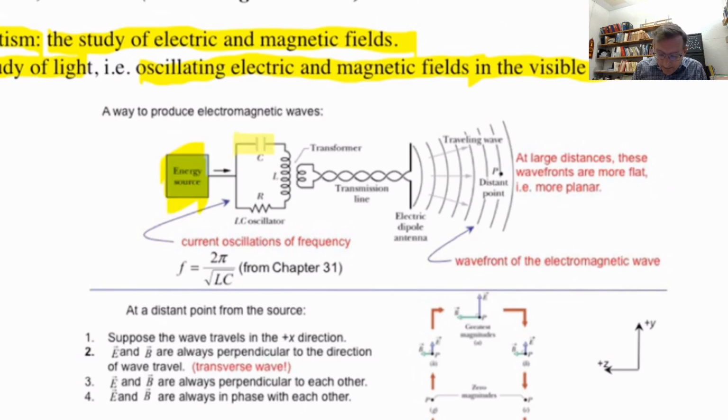The main circuit is called an RLC circuit because it consists of a resistor, an inductor, and a capacitor. And we had to omit chapter 31 in our study because of time factors, but chapter 31 is all about circuits like that.